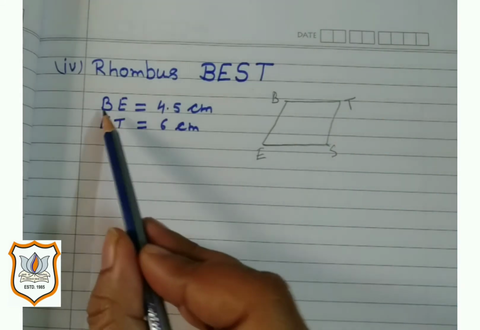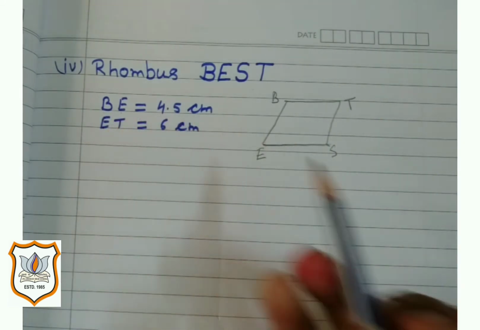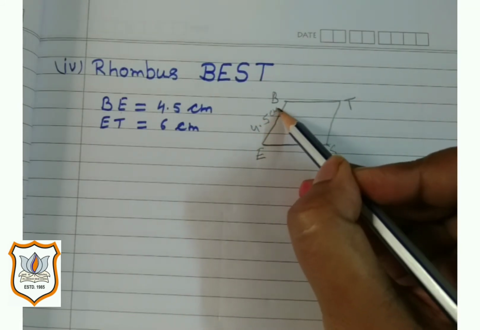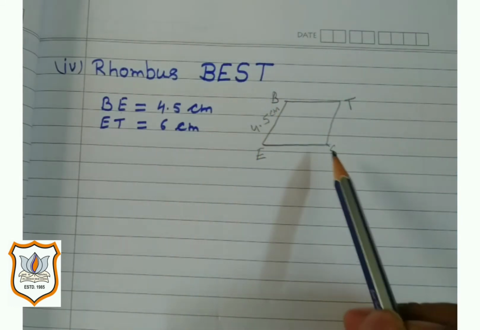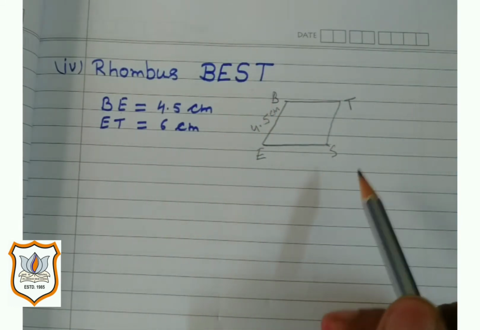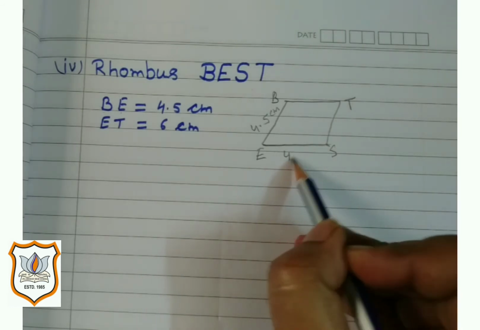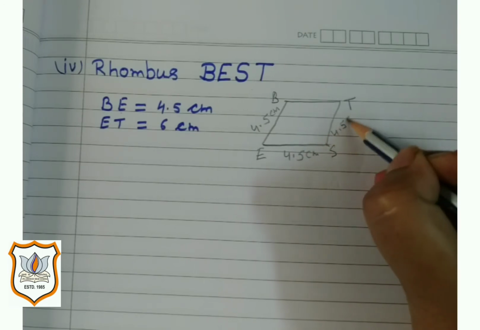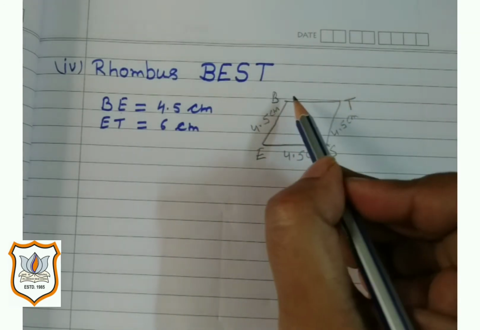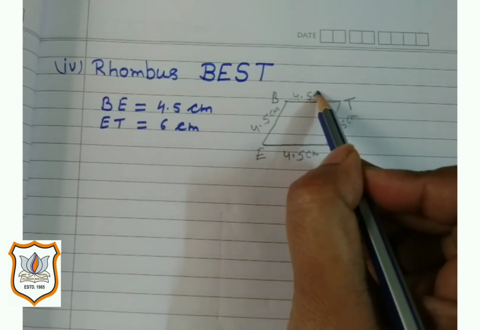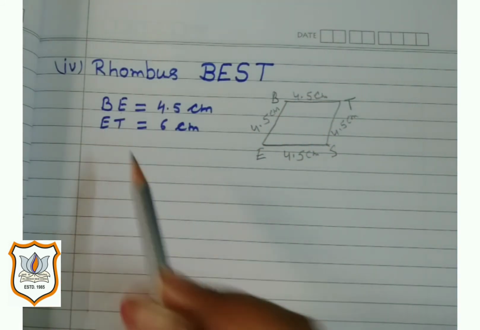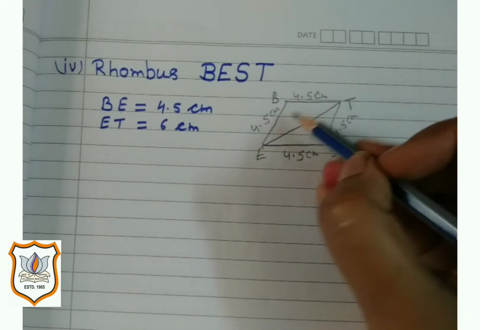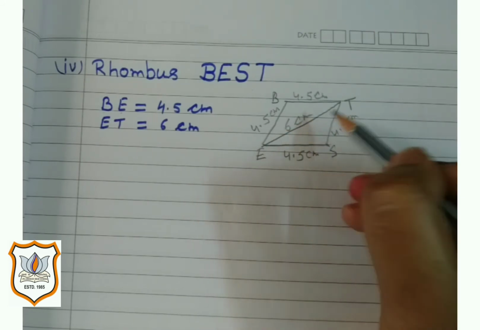Now we will give the name BEST. Clear? BE is given 4.5 centimeter. So we write here 4.5 centimeter. This is a rhombus, so all sides are equal. So ES is also 4.5 centimeter. ST is also 4.5 centimeter, and BT is also 4.5 centimeter. And ET. ET is the diagonal of 6 centimeter.